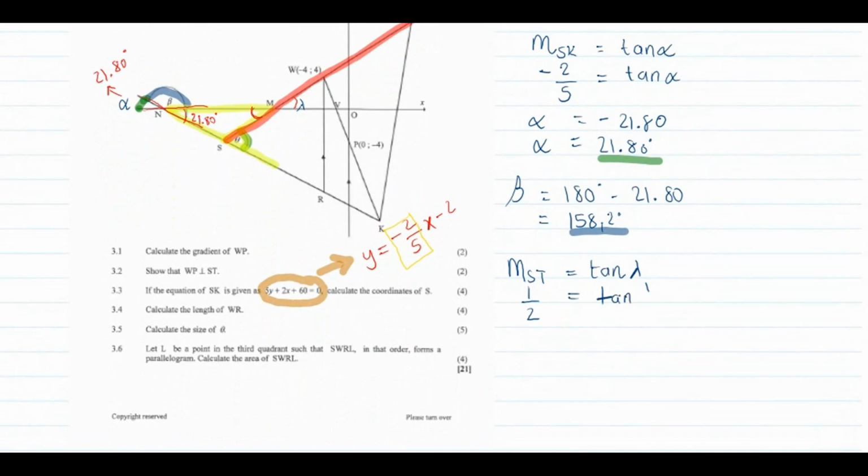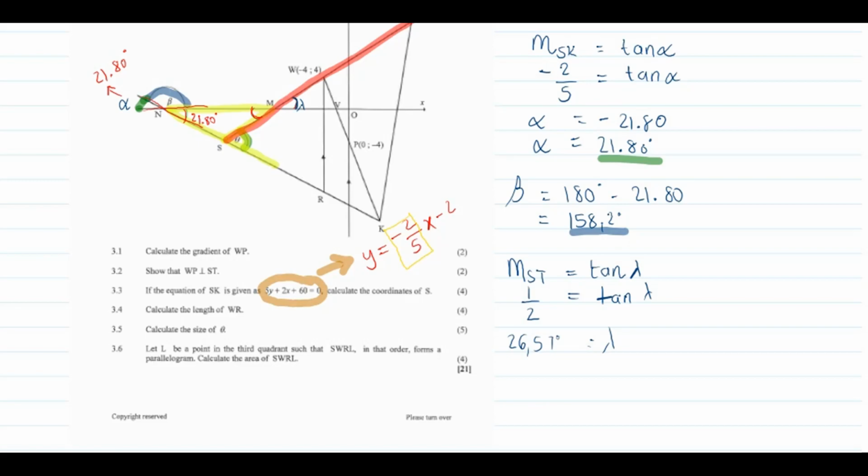Now we just need to calculate our lambda. It's going to be shift tan of 1 over 2, and that's going to give you 26.57 degrees. It's actually 26.565, but then you round it off to two decimal places, and it gives you 26.57.